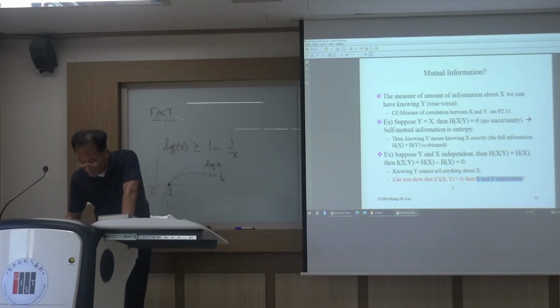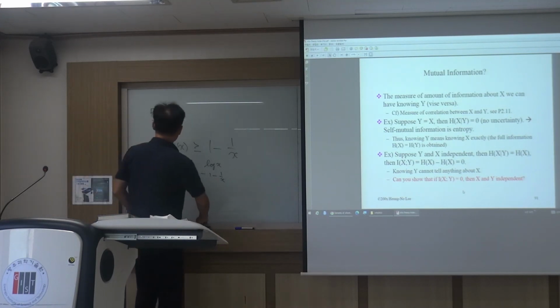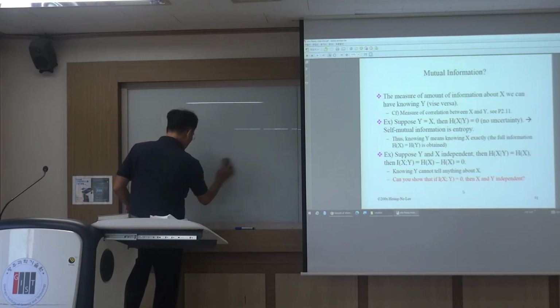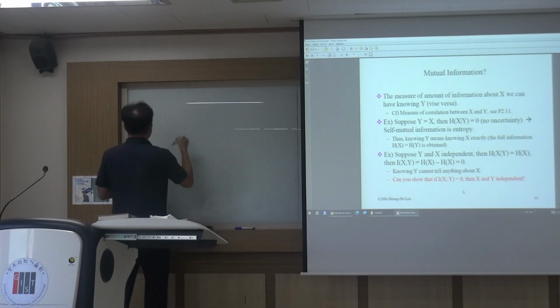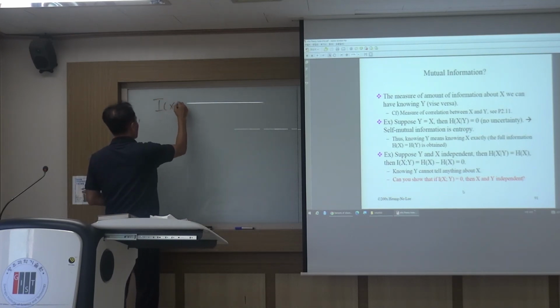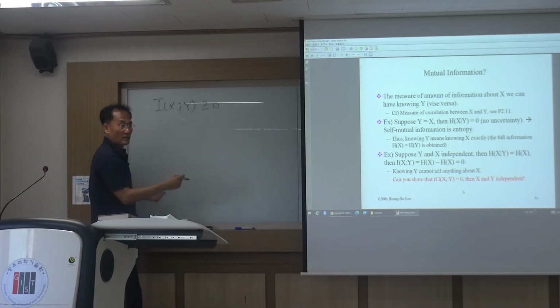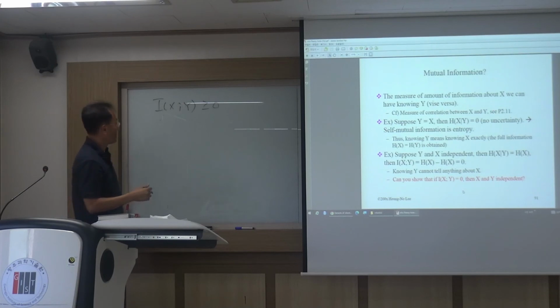And then what can you tell about, let's say, entropy of X and entropy of X given Y? Now let me ask you. So far, we said mutual information is non-negative. When it is equal to 0, then X and Y are independent.